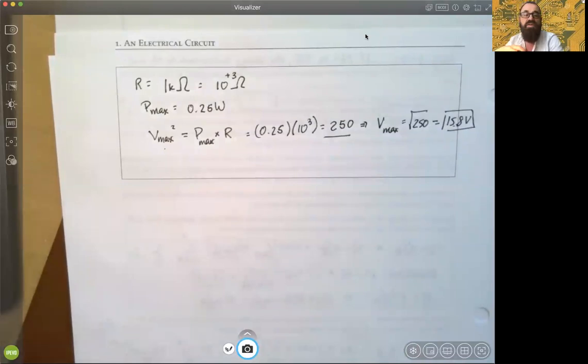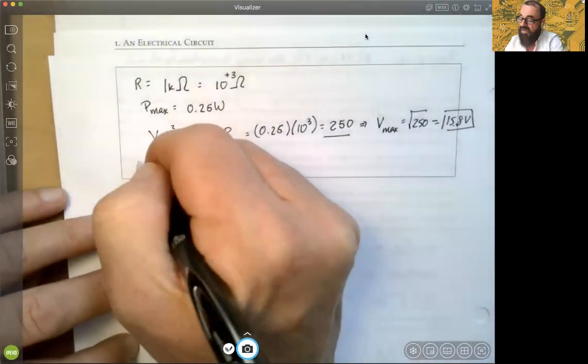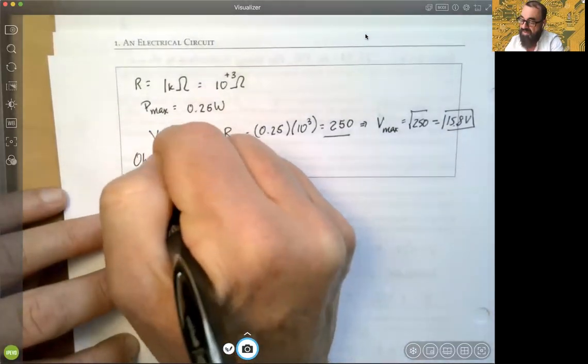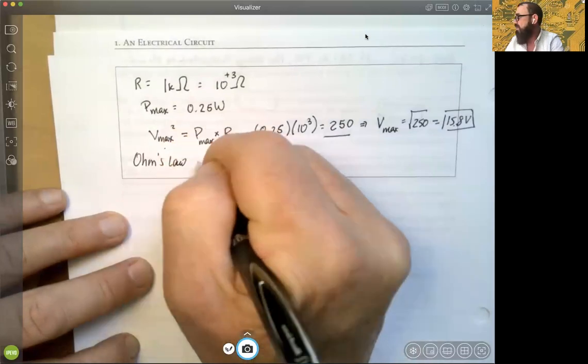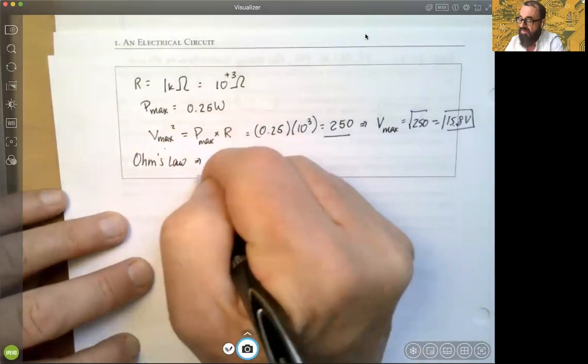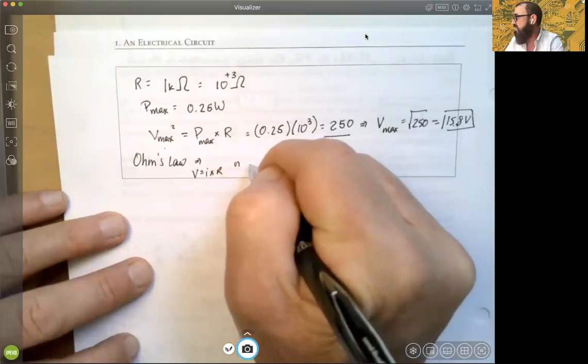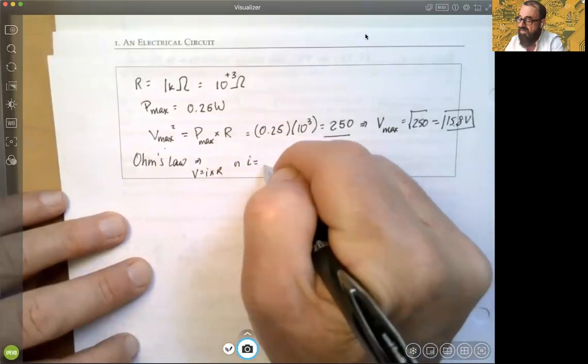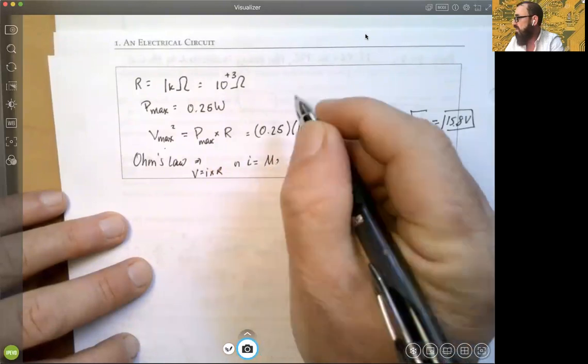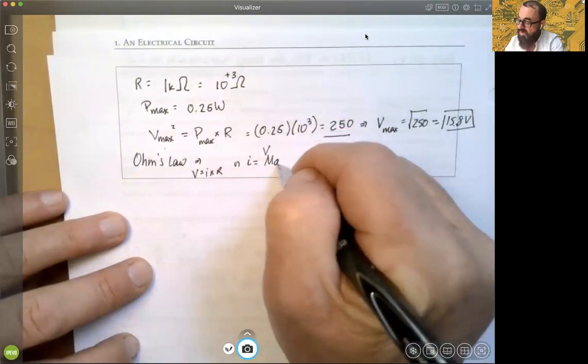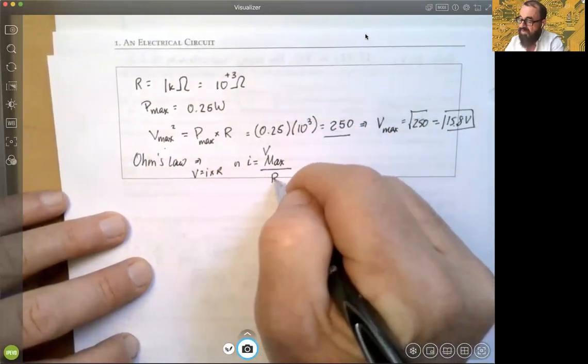And if you needed the current, then again, via Ohm's law, one more time, we know voltage equals current times resistance, or in this case, the current is the maximum voltage divided by the resistance, okay?